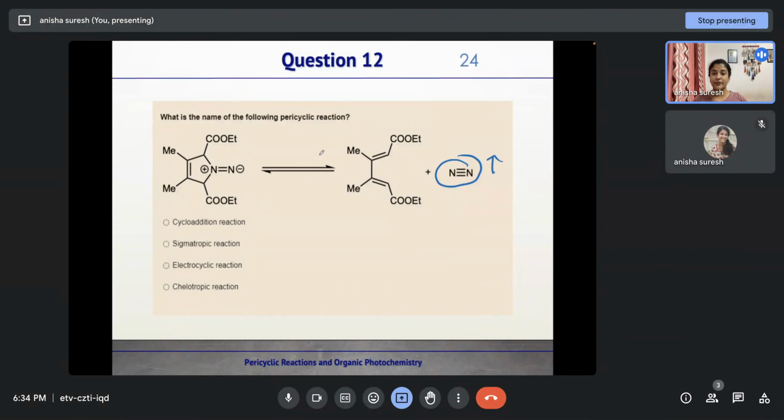What is the name of this pericyclic reaction? Is it a cycloaddition reaction? Is it a sigmatropic reaction? Is it an electrocyclic reaction? Is it a chelotropic reaction? It involves the elimination or extrusion of small stable molecules like nitrogen. Here it is nitrogen, so it is an example of a chelotropic reaction.